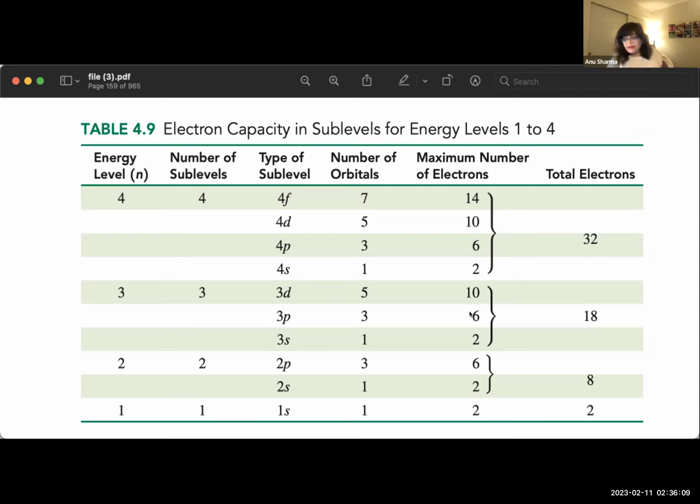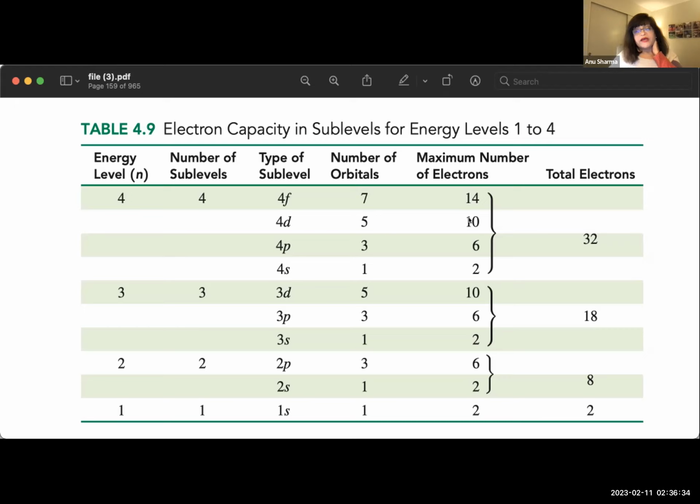So the 5d sublevel, the maximum in the d is always going to be 10.